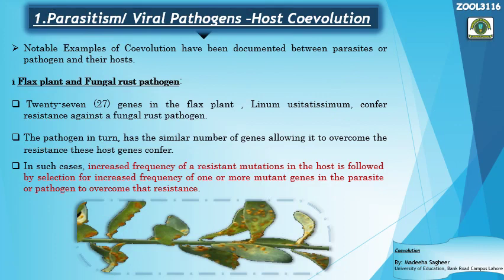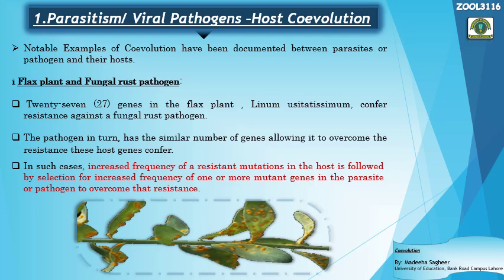Okay, the first type of coevolution is parasite-host coevolution, as I told you in the previous slide as well. In this slide we are going to talk about parasitism and viral pathogen-host coevolution. Right?